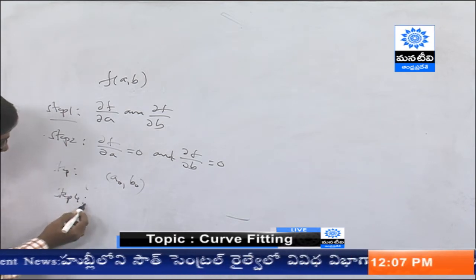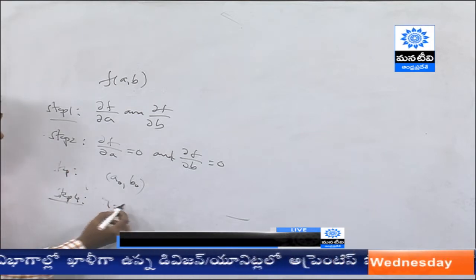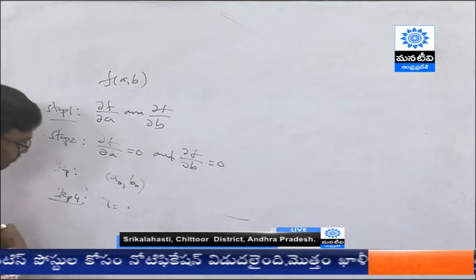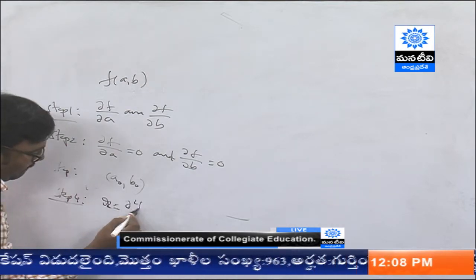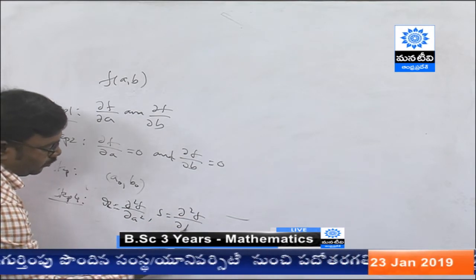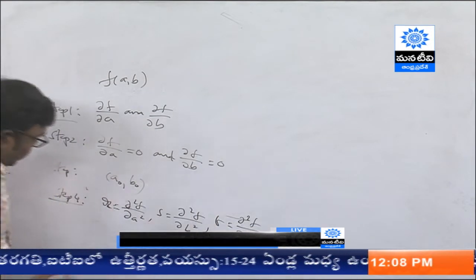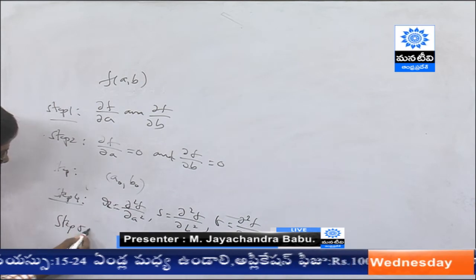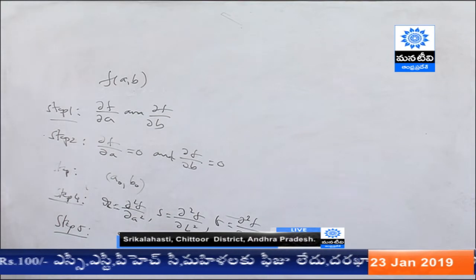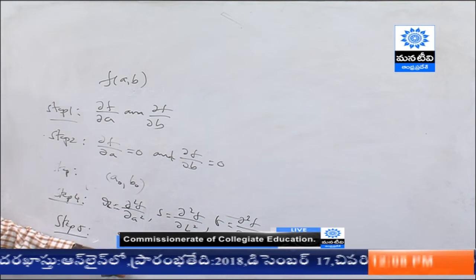Next, as step 4, we have to calculate the second derivatives like r equal to dou square f by dou a square, s equal to dou square f by dou b square, and t equal to dou square f by dou a dou b. And as step 5, we need to calculate rs minus t square. Now, we have two things in our hand, one is r, another one is rs minus t square.